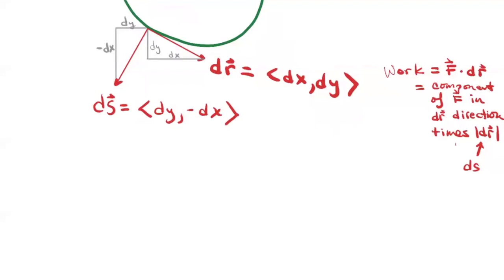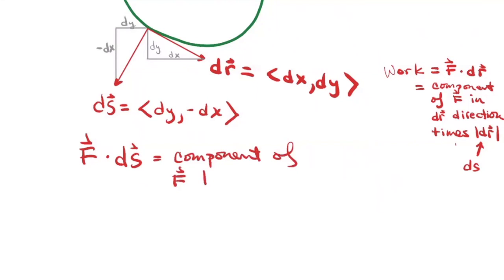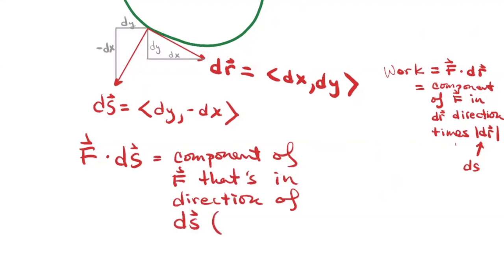So ds, the scalar, is the length of dr, you may remember. If I do F dot ds, this is just like F dot dr, but it's the component of F that points in the ds direction. And that's perpendicular to the curve.